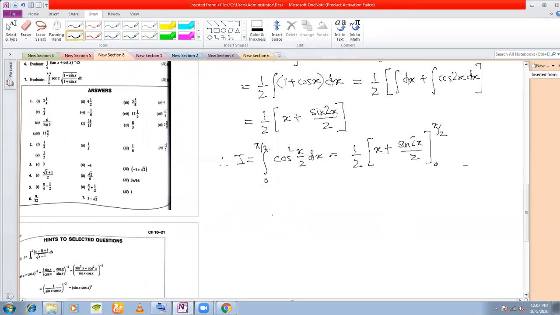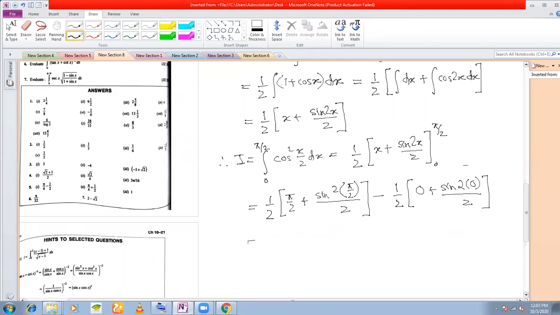Put the upper limit first: half of pi by 2 plus sine 2 into pi by 2 by 2, minus, now you put the lower limit. Lower limit will come 0 only: 0 plus sine 2 into 0 by 2.